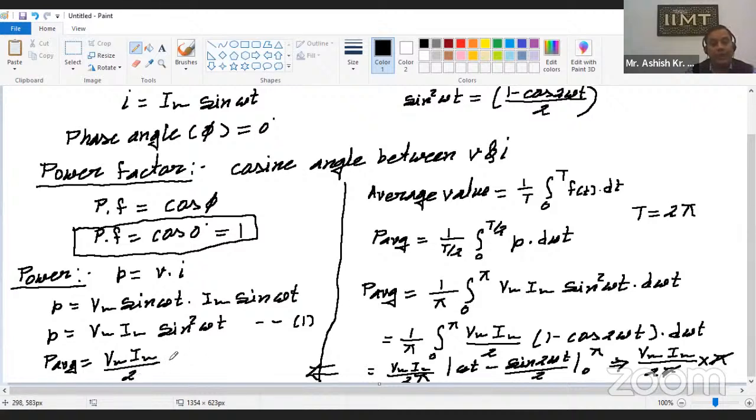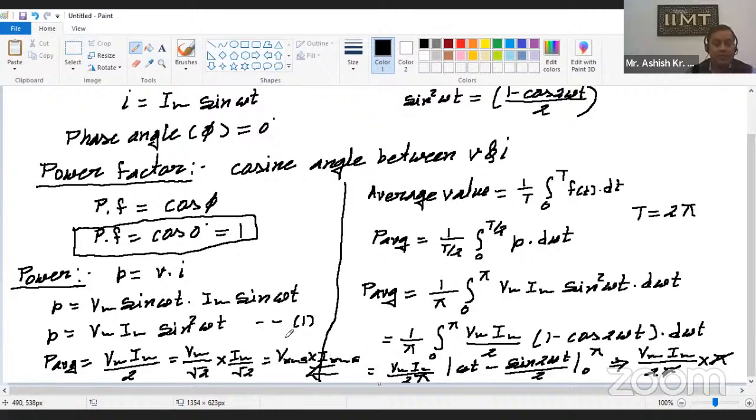When we talk about AC values, we take the RMS value, whereas for DC quantities we take the maximum value. So we can write it as Vm by root 2 into Im by root 2, which becomes Vrms into Irms.